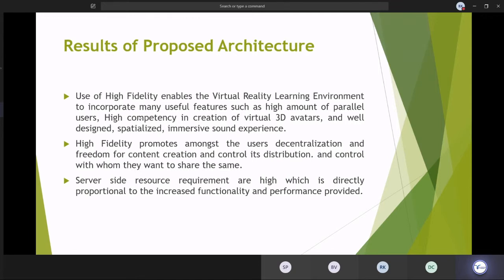This also enables them to control with whom they want to share the content. Server-side resource requirement for High Fidelity is very high, and this requirement is also directly proportional to the increased functionality and performance provided by it.